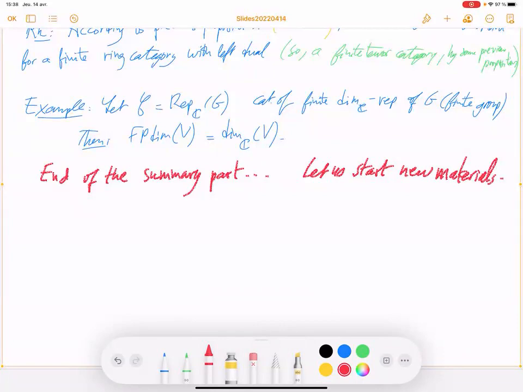Okay. And the new material today will be related to the notion of dimension, but no more the Frobenius-Perron dimension, but the quantum, the categorical dimension. You can define a notion of dimension at the level of a category, and this dimension is not necessarily the same as the Frobenius-Perron dimension.